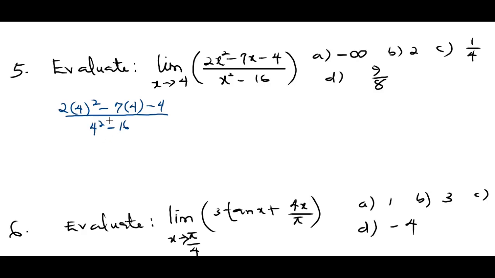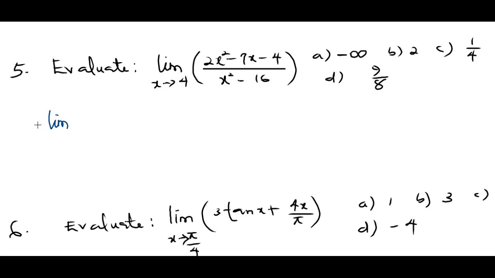Because at the end of the day, your denominator is going to amount to 0, which is a sin in limit. So what are you supposed to do? You are supposed to first expand the numerator and the denominator.